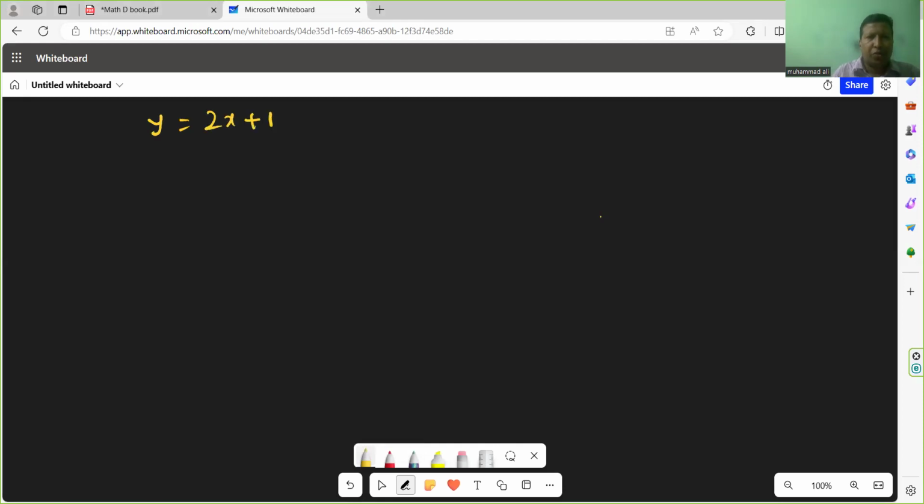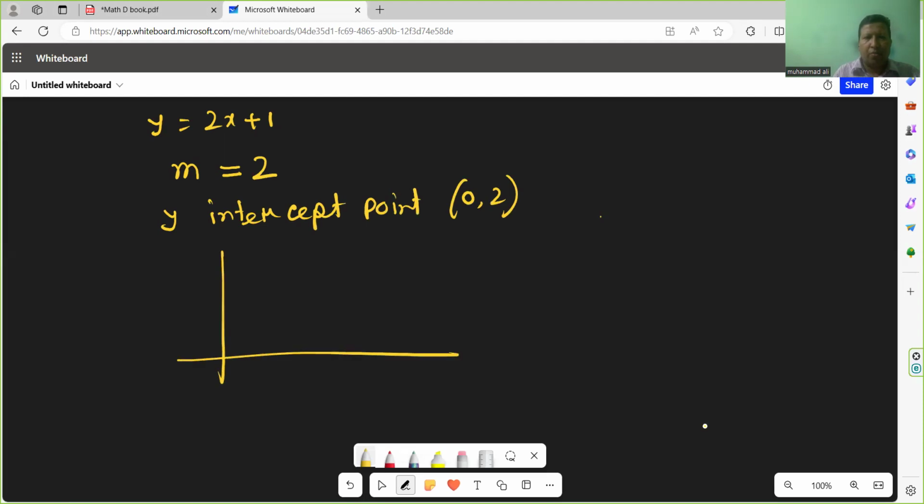If we want to sketch this graph, at first we will identify the gradient. Here m equals 2, and the y-intercept point is here (0, 1). If you want to sketch this line, so (0, 1), that means here is (0, 1). As the gradient is positive, m equals 2 is positive, so it will go from left to right, toward the upper side. So I think everybody understands this maths.